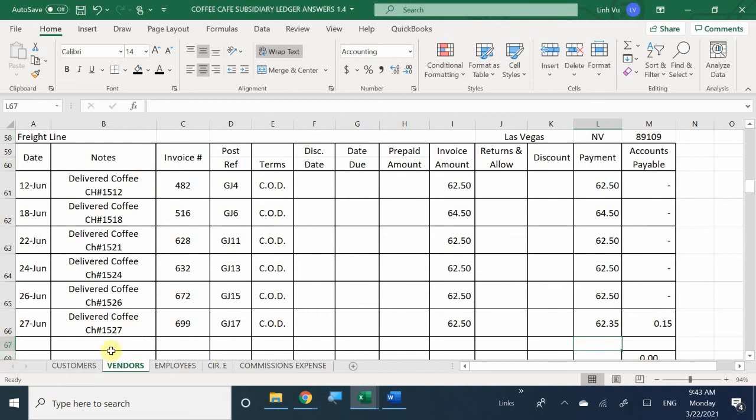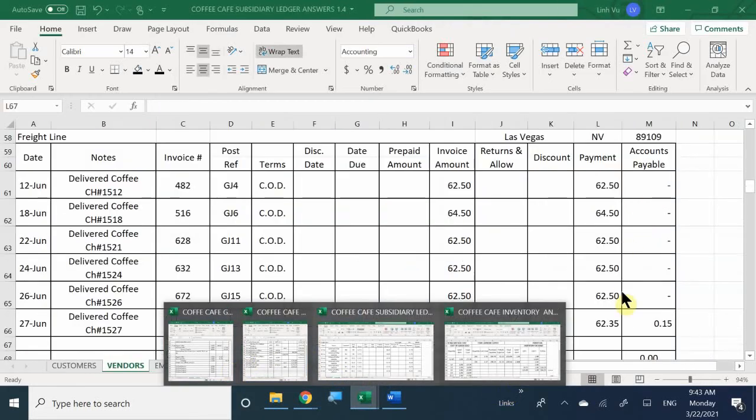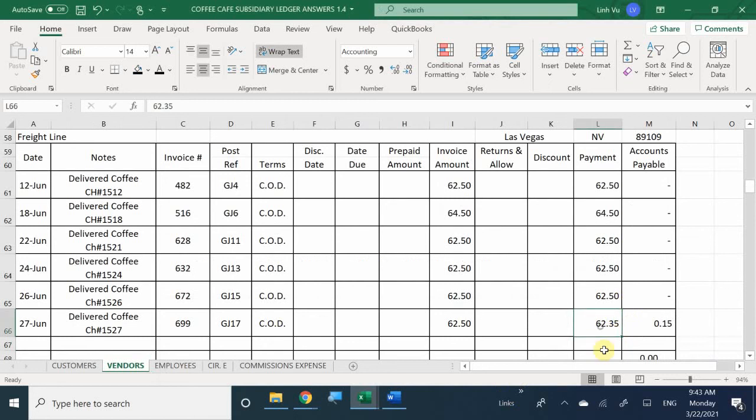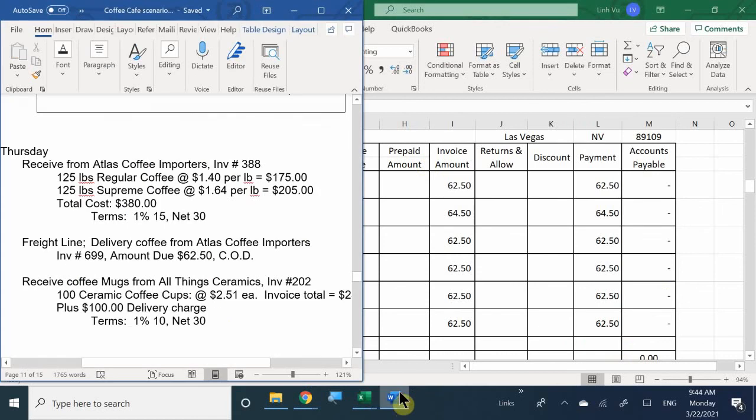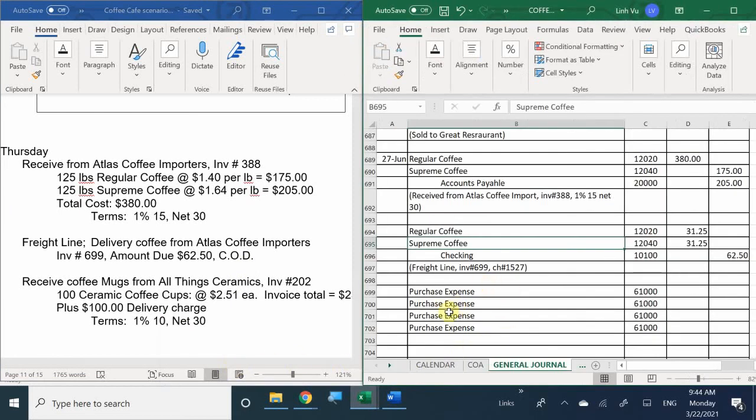Okay, so now back to our journal. The payment got messed up there. It should be 6250. All right, so it should be 0. Okay, so now we can go back and journalize our purchase expense and our freight expense.